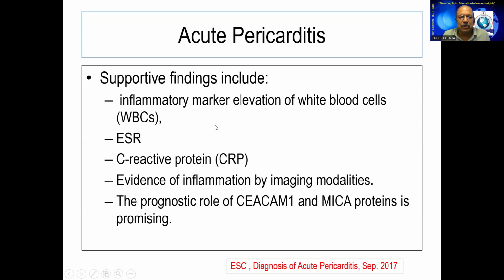If somebody develops acute pericarditis, inflammatory markers would be high in the form of WBC, ESR, C-reactive protein. Then we have imaging modalities for inflammation, which is not being done in our country to a large extent. Looking at CRP and other markers is promising.